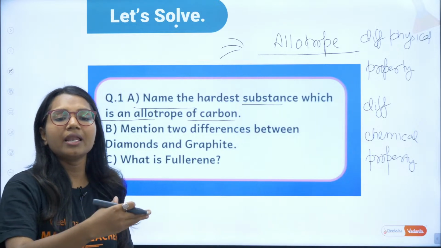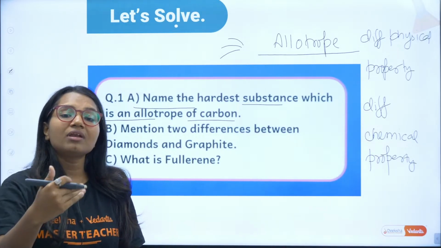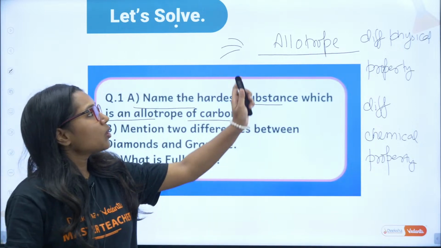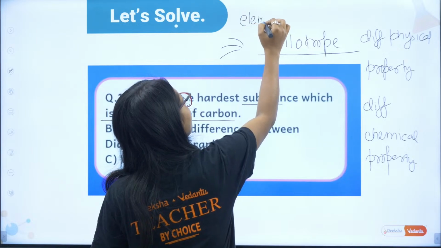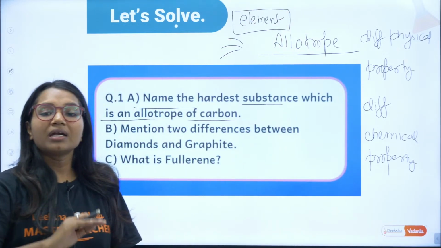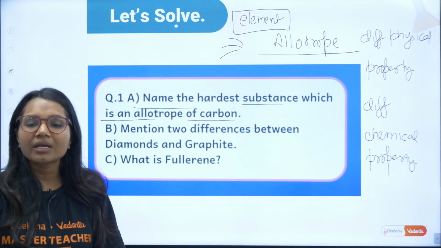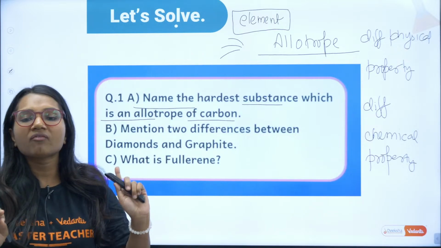One allotrope has one reaction with HCl, another allotrope will have a different reaction with HCl. So the common thing is that allotropes have the same core element, but different chemical and physical properties. This is the definition of allotrope.